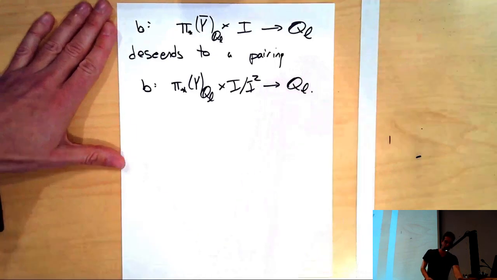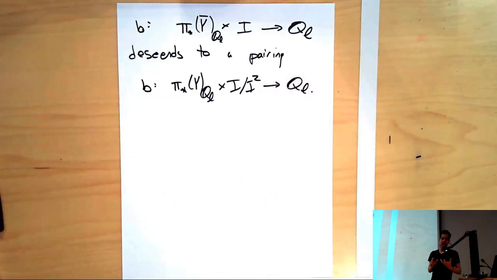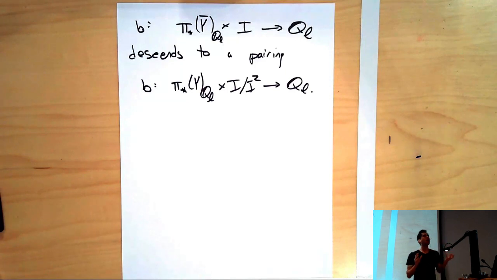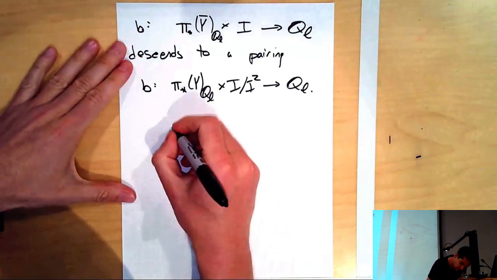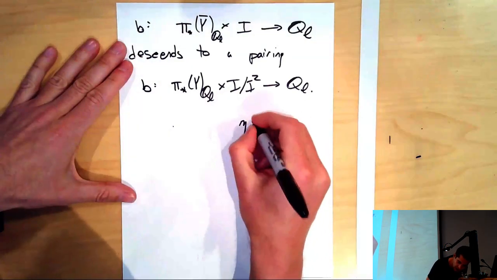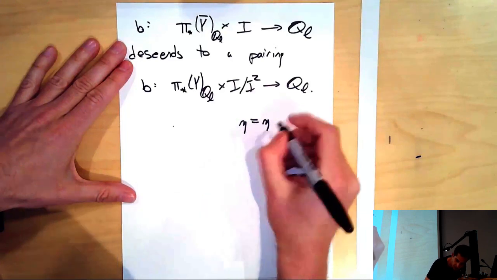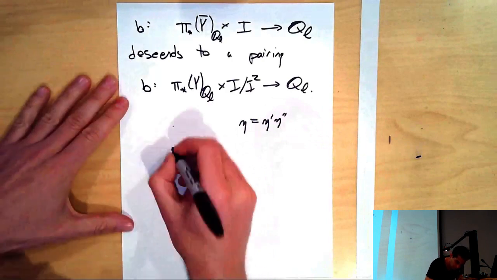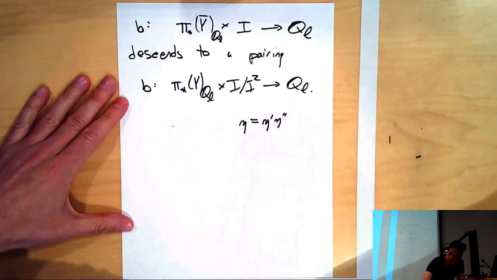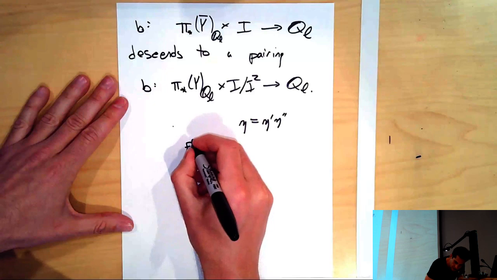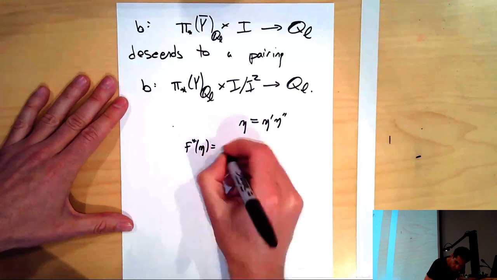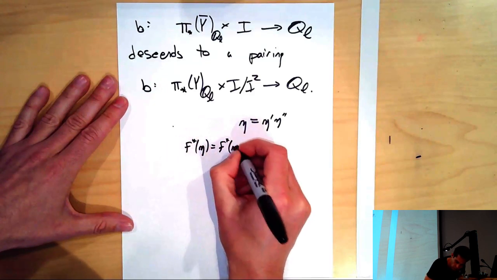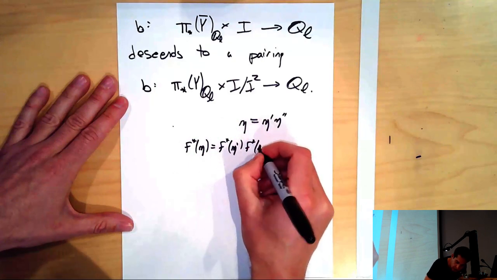In other words, the pairing that I defined earlier automatically vanishes on any cohomology class that you can decompose as a product of two cohomology classes of lower degree. And that comes from the observation that if eta is a cohomology class that you can write as a product of eta prime times eta double prime, where these are of smaller degree, and f is a map from a sphere into Z, then the pullback of eta will also factor as a product of two cohomology classes of smaller degree.